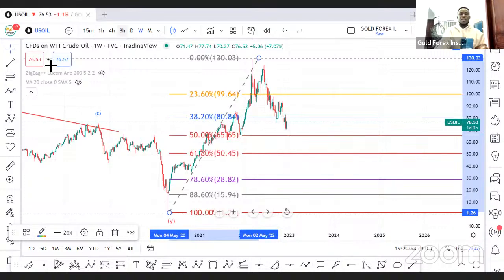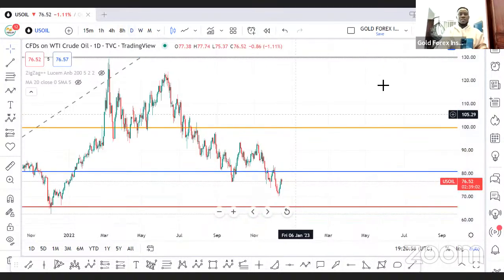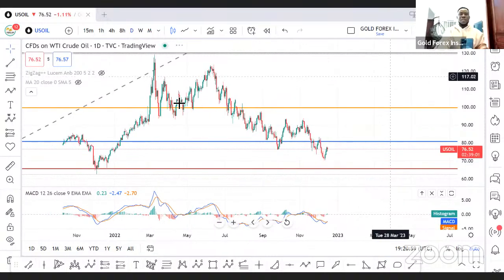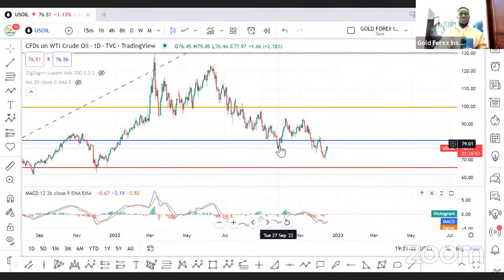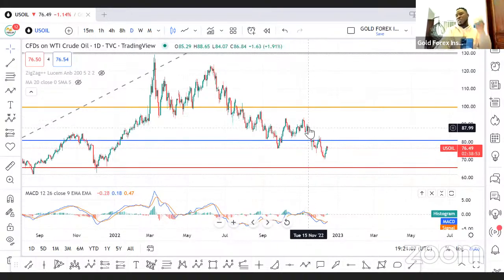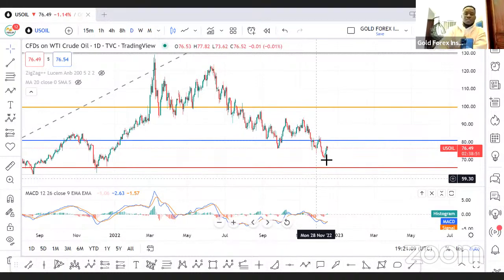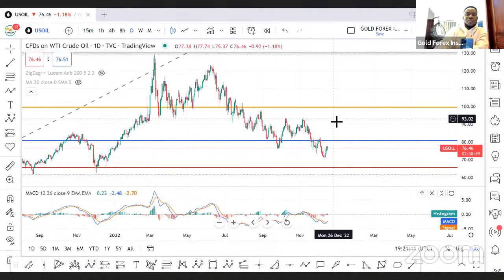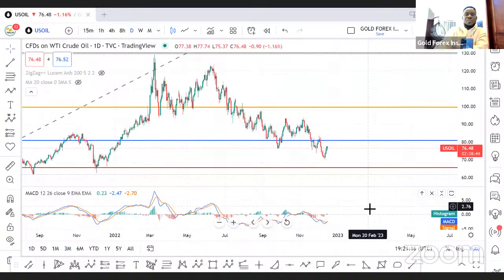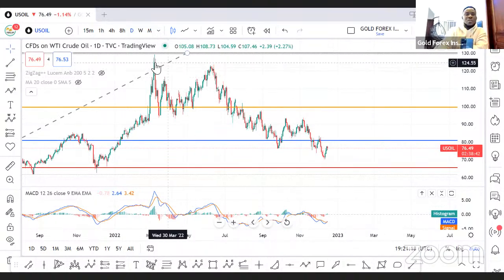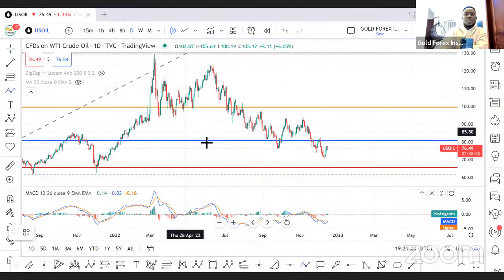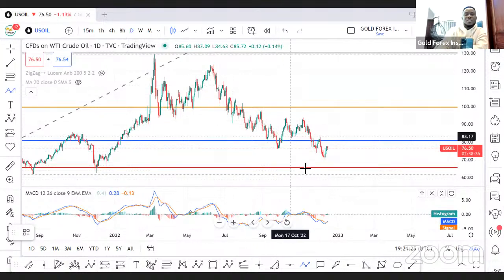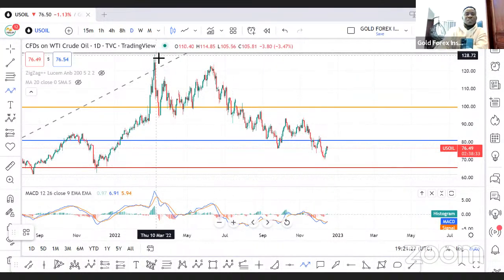On the daily, from here we have A, B, C. I don't see this one forming a flat here, then drop, or it will form A, B. No, this is forming 5 waves. Definitely it's forming 5 waves.